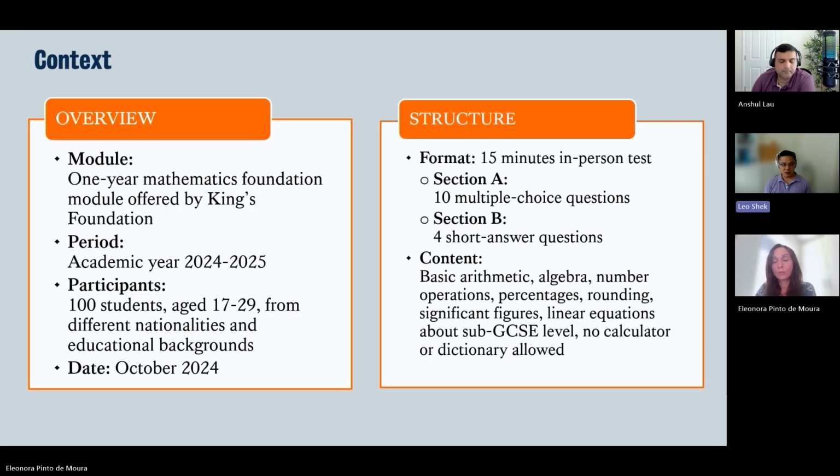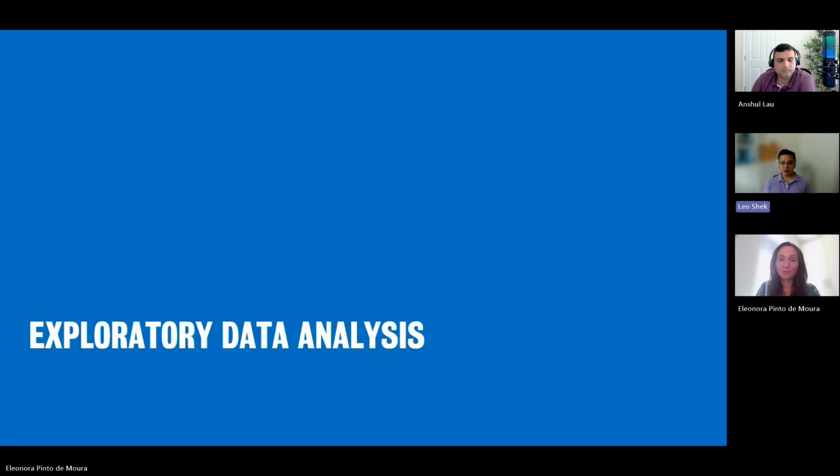We particularly did not allow use of a calculator or dictionary. That is sometimes allowed in formal exams, but we wanted to see what they can do without such tools. So that's the basic facts about the test. Then I will move the mic to Eleonora, who will present some of the results.